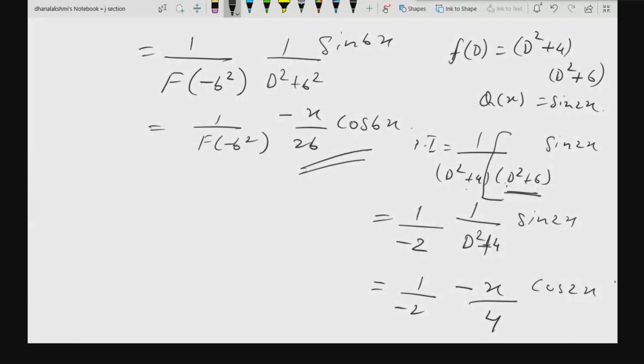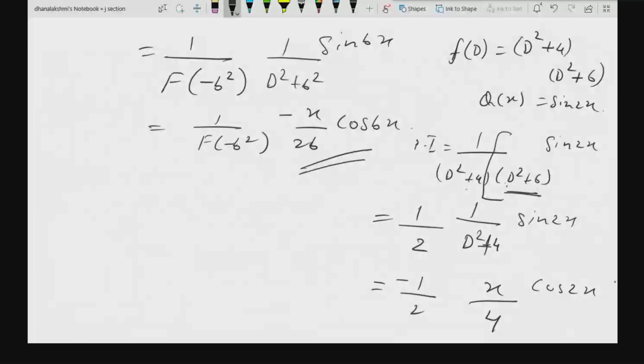Minus 4 plus 6 is plus 2, okay. So with a minus sign only you will get minus x by 8 cos 2x. Okay? Understood? Yes, ma'am.